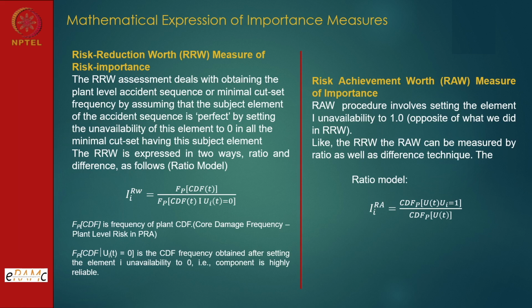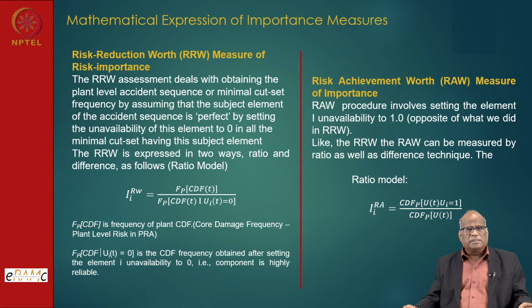Now for a cut set at the plant level, we are talking in terms of the language of probabilistic risk assessment, because probabilistic risk assessment gives us the core damage frequency. So what is the plant core damage frequency, and what is the plant core damage frequency when unavailability is set to 0?